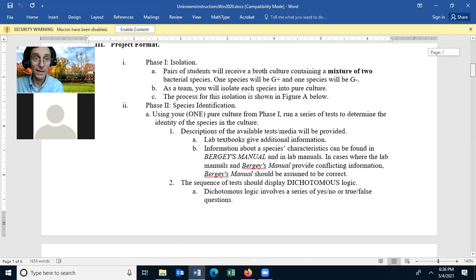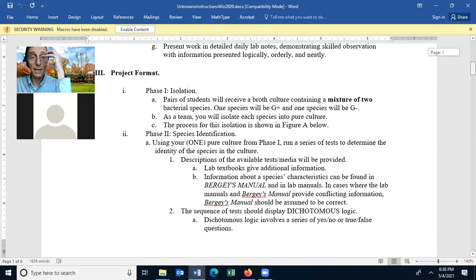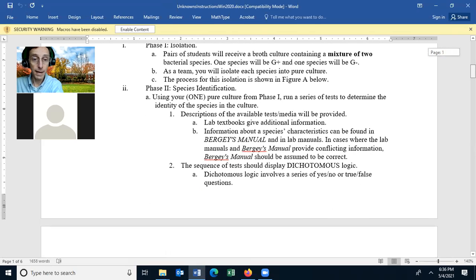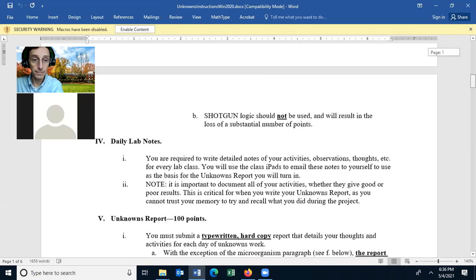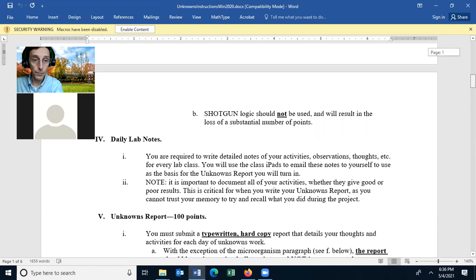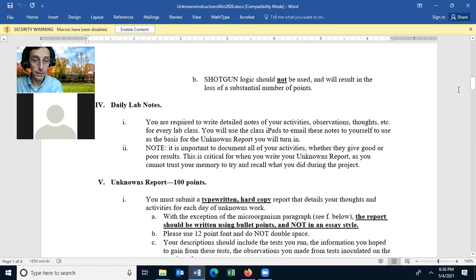You can read that yourself. The project format: you're going to isolate a bacteria species. Write down daily lab notes. And you know, I need to show you that.